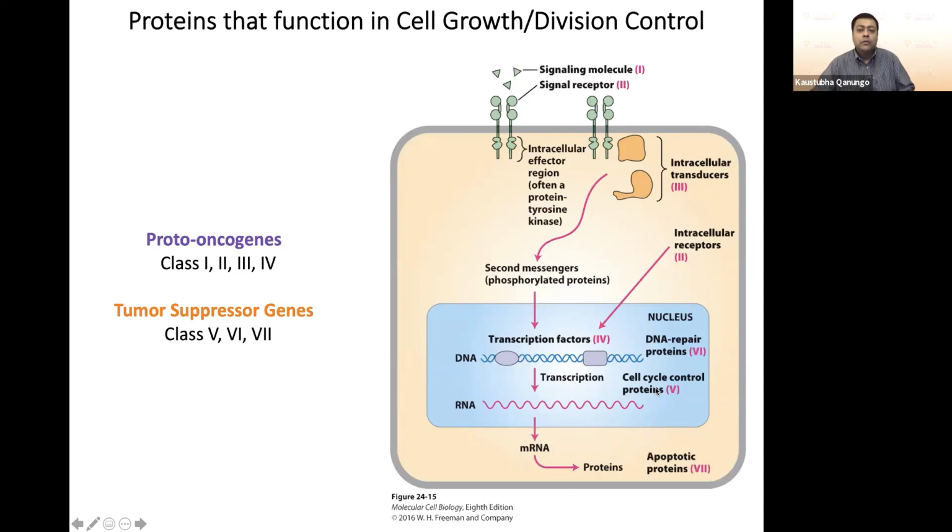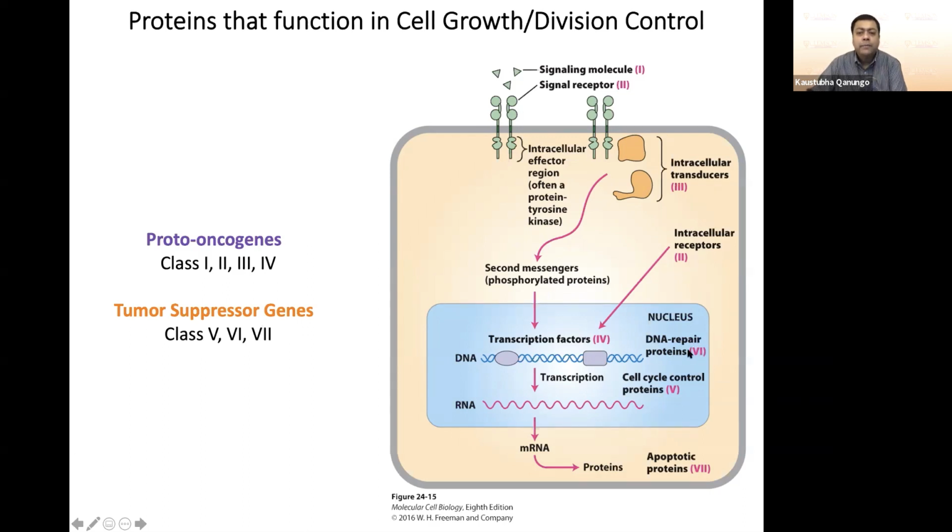Then we are going into class 6. Now, this is a different group of protein, class 6, which are DNA repair proteins. They're grouped under the tumor suppressor genes, but they are really not directly under this class. And why is it so?